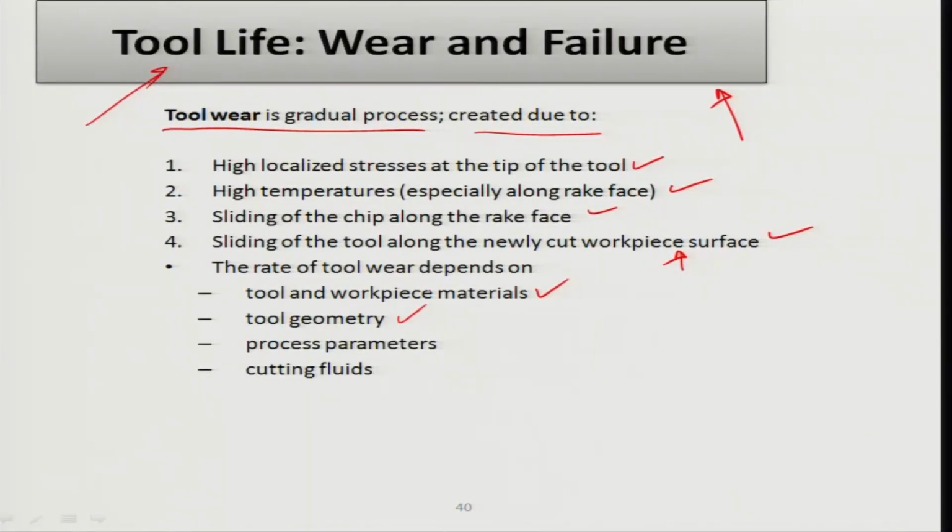So, the rate of tool wear depends on the tool and workpiece materials, and on the tool geometry that you are using, which typically includes all the tool angles or even changes in shape because of flank wear.